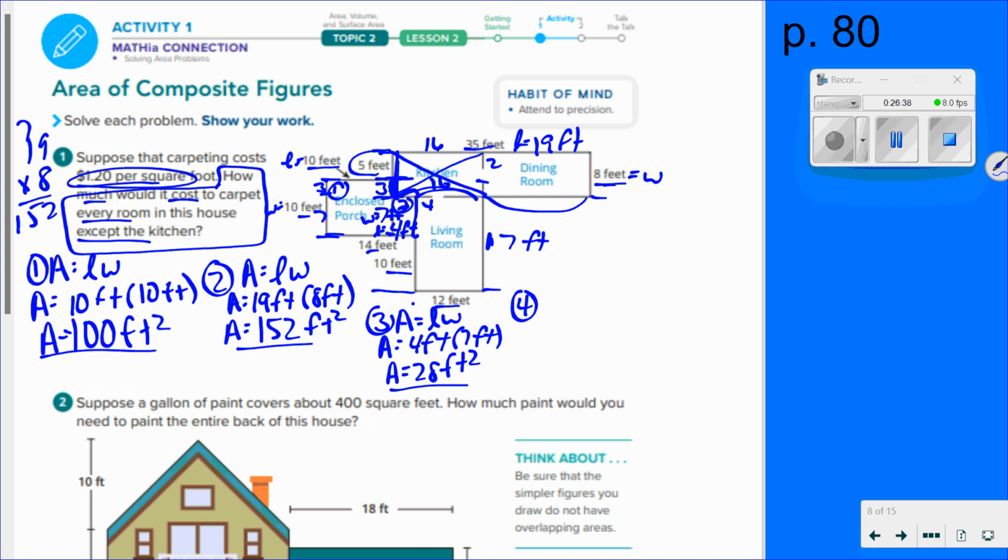I know that I have a length of 12 and a width of 17. So area is length times width. I now know that is 12 feet times 17 feet. So do that math. 12 times 17 gives us 204.